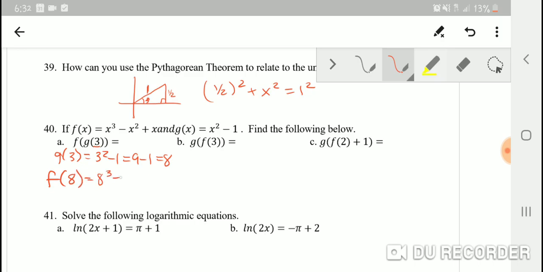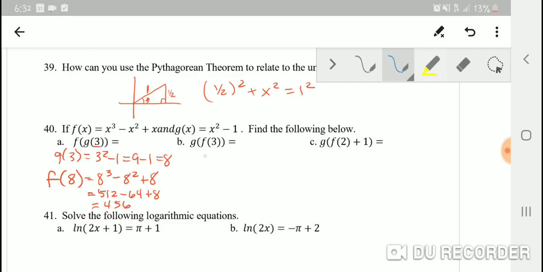So 8 cubed minus 8 squared plus 8. So 512 minus 64 plus 8 gives you 456.